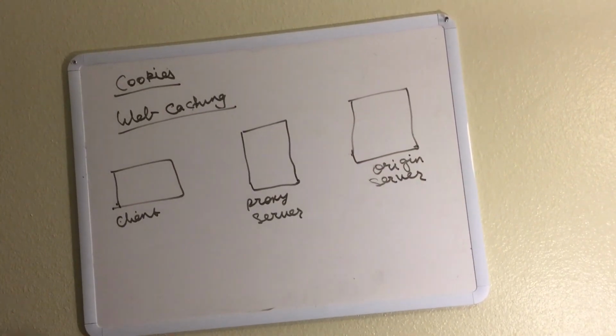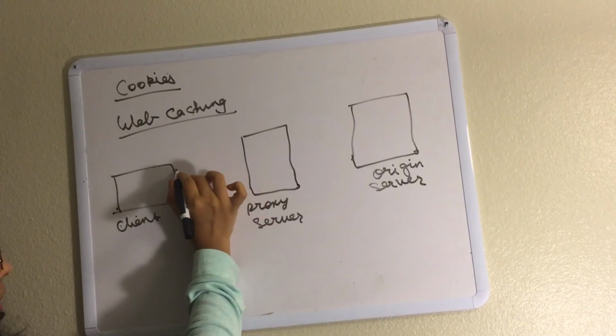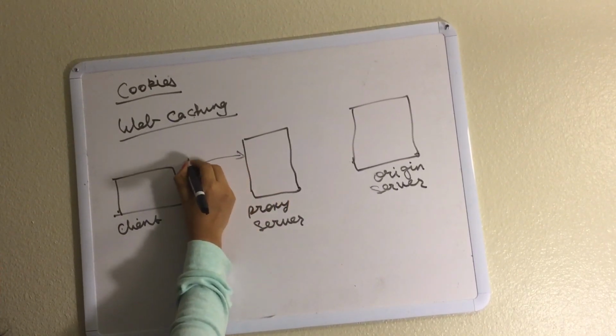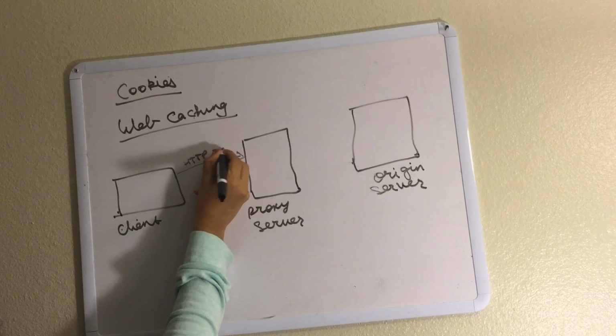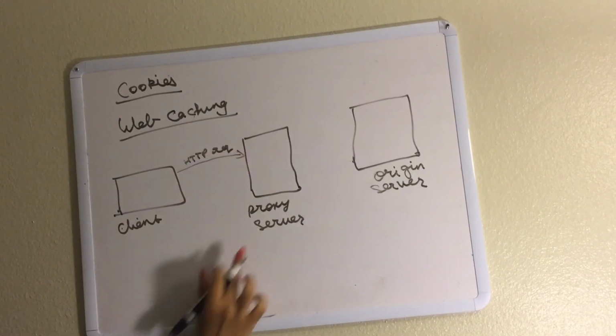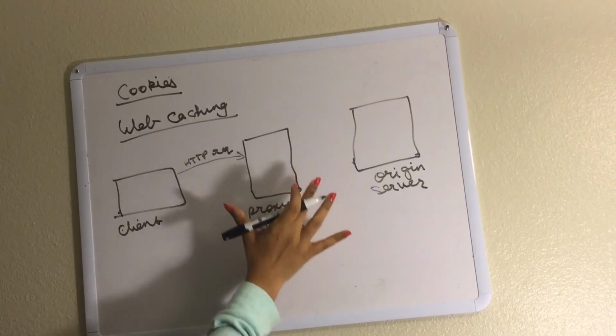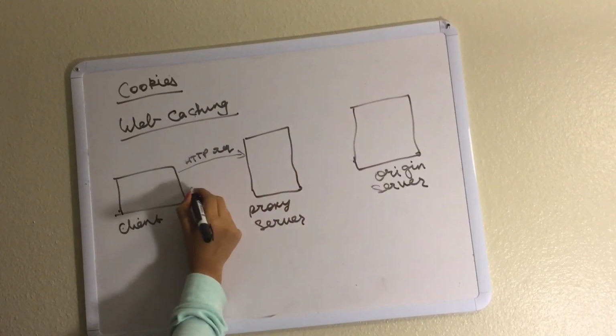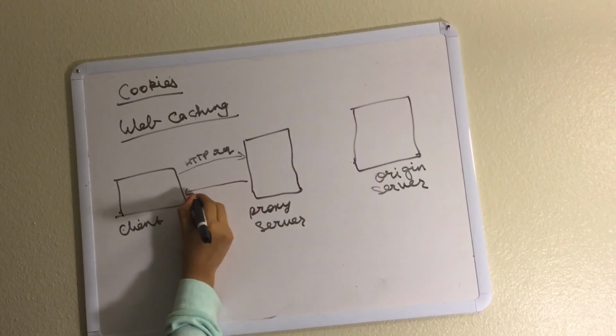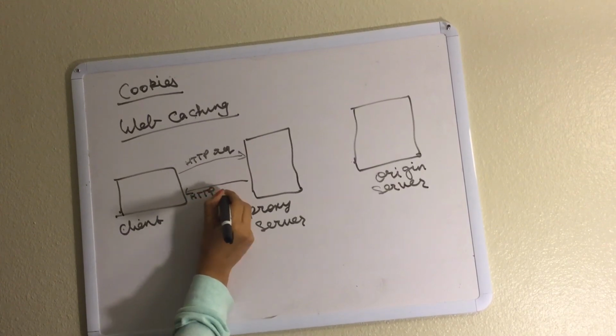The client is first going to send an HTTP request for an object to the proxy server. If the object is present in its storage, it's going to return it immediately along with an HTTP response.